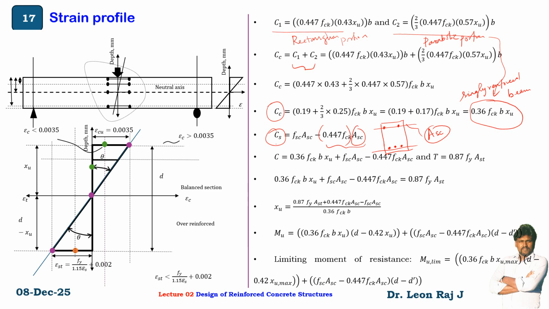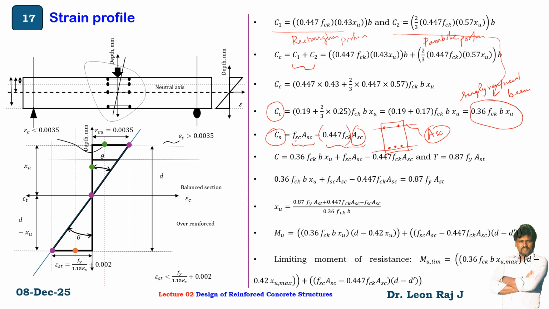That is 0.447 fck into Asc, the force acting in these hollow points where the reinforcement exists, and that should be subtracted from fsc Asc. So fsc Asc is the compression force. fsc is the stress in the compression reinforcement.